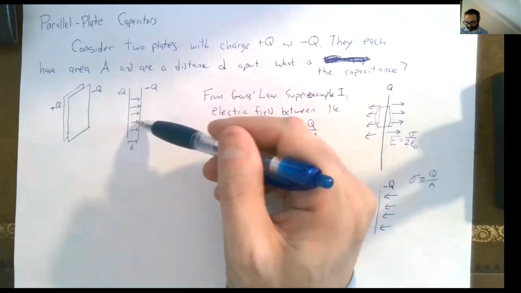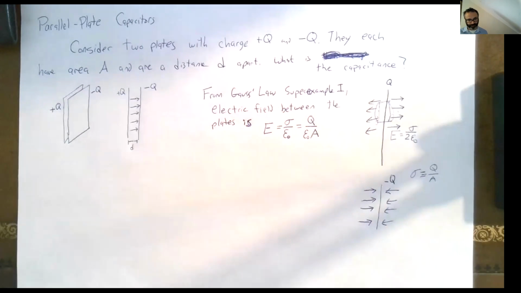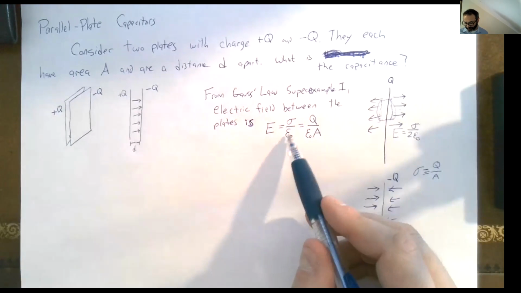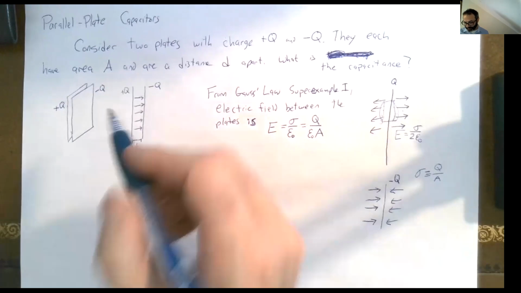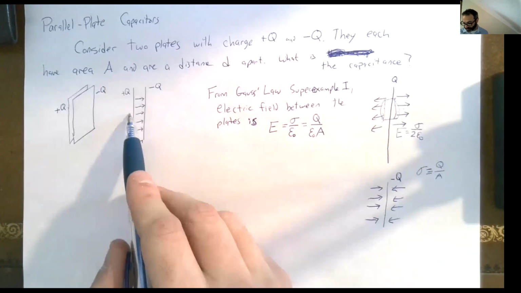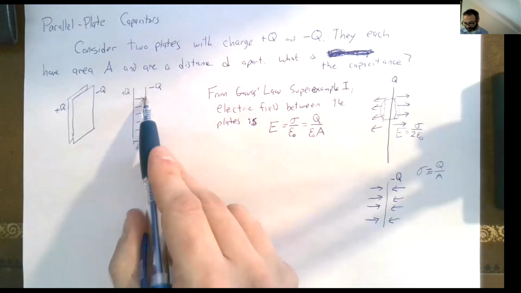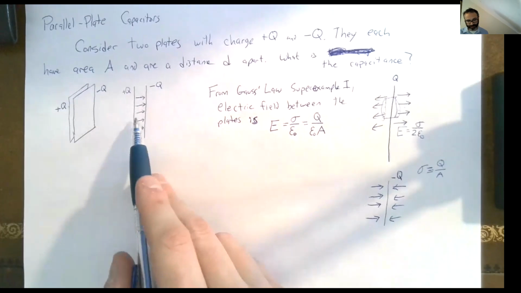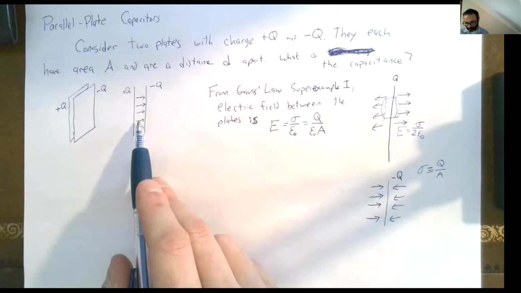we have two plates here, right? So the results we get from one plate we can add to the results from the other plate. I didn't use Gauss's law to get this sigma over epsilon naught. I used superposition. Gauss's law says that the electric field from this plate is sigma over 2 epsilon naught here, and the electric field from this plate is sigma over 2 epsilon naught here, so I just add them together to get sigma over epsilon naught.